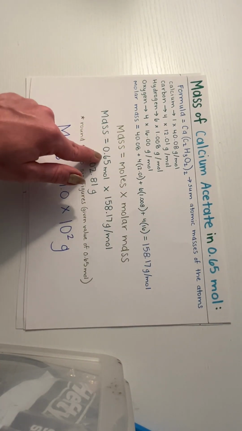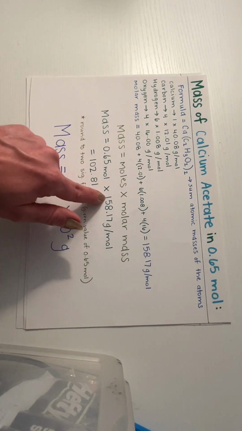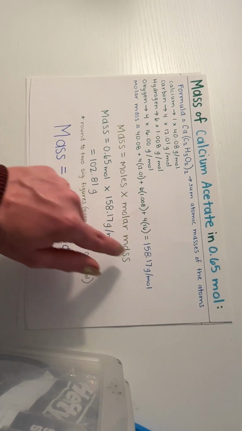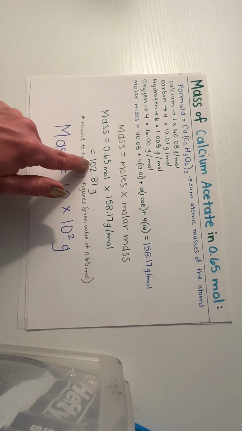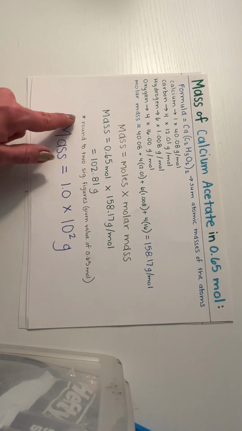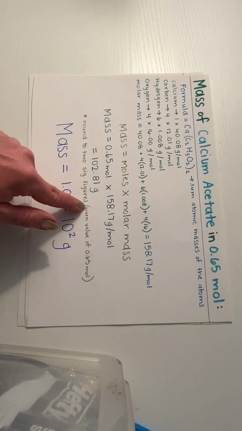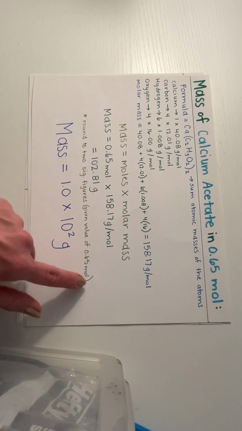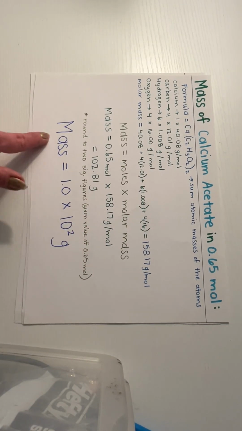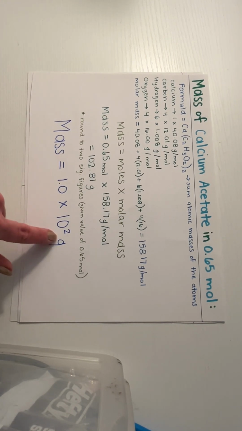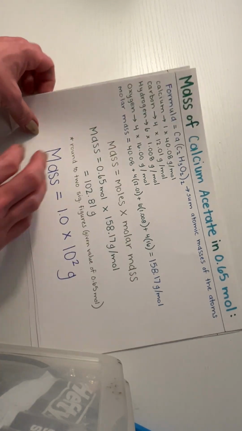So mass equals 0.65 mole times 158.17, the molar mass, and that is going to equal 102.81 grams. And then you're going to round that to two significant figures because there were two significant figures in the given value of 0.65 mole. So the mass is 1 times 10 to the power 2 grams.